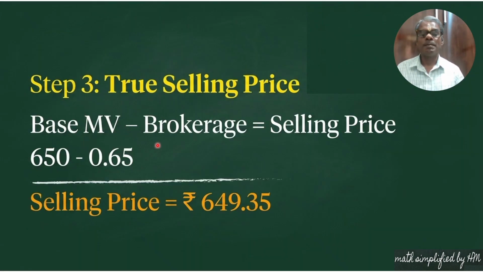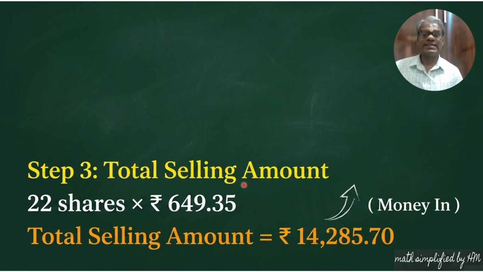Base market value minus brokerage is equal to selling price gives us 650 minus 0.65 gives final selling price per share rupees 649.35. Now total selling amount: 22 shares into rupees 649.35 gives us total selling amount is equal to rupees 14,285.70. This money comes in.